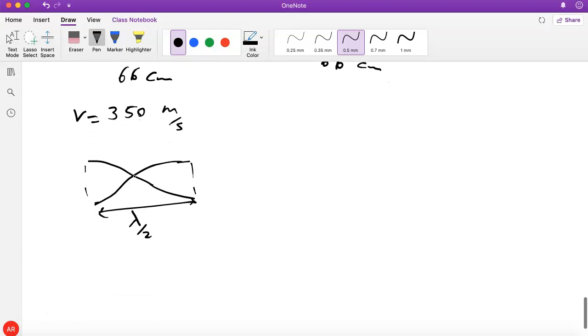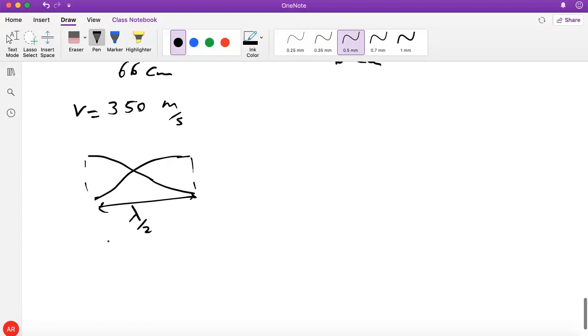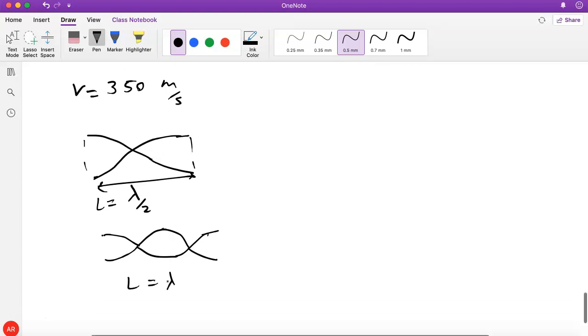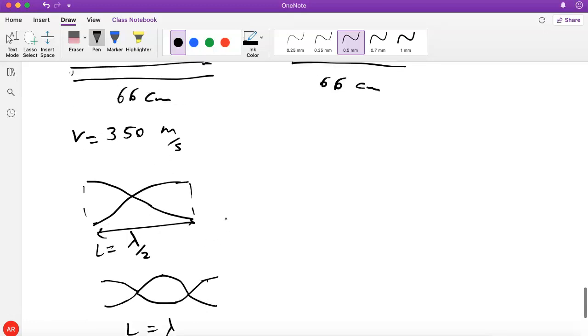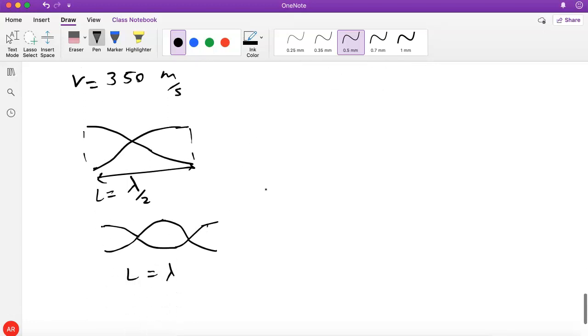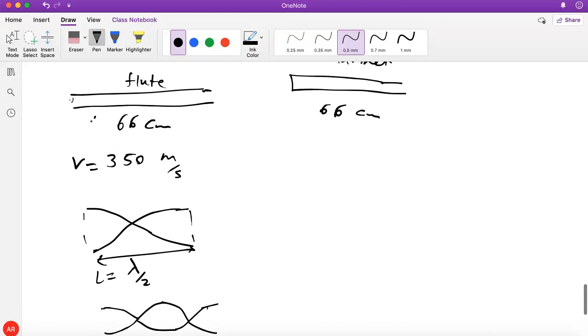So that's fine. And then the next one is going to be 2 lambda over 2, right? It's just m times lambda over 2. So L is that. For the next one, let's also draw that. We already know the answer from the equation, but it looks like this, right? So now this is 1 full lambda, right? We start from a minimum, reach the next minimum. So L is lambda, which is 2 lambda over 2. Okay, so that's the case of the flute. And L is, of course, 66 centimeters.